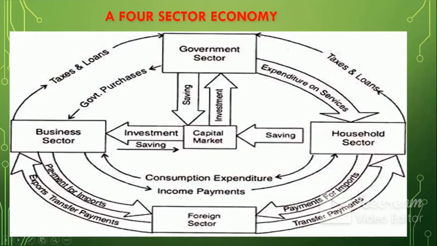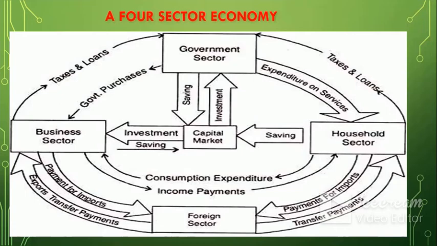Similarly, there are many services rendered by business firms to foreign countries. So also, when business sectors render services to the foreign country, like shipping, insurance, banking, and among others, for which they receive payments from abroad. So now that is what you call export transfer payment when they receive it.